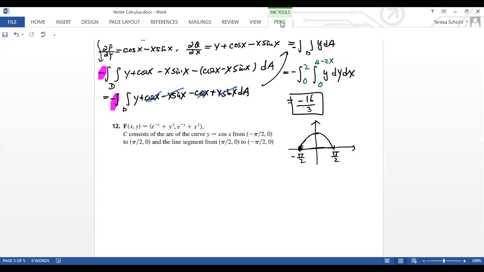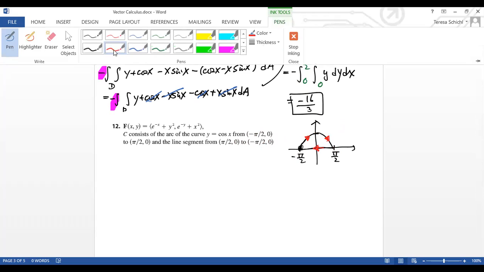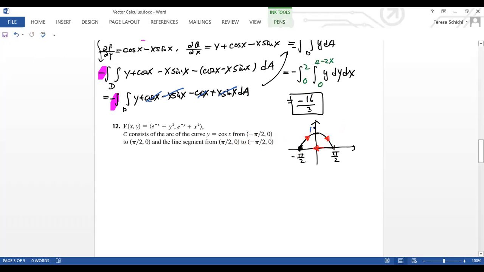Let's try to write it. From this curve, go to here, then go down here, then the segment from pi/2, 0 to where? To here, right? Because when x is pi/2, cosine is 0, so y is equal to 0. And you need to pass through the 1 here, since cosine 0 is 1.